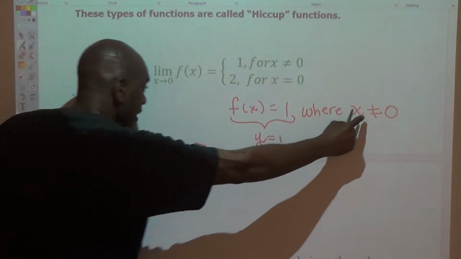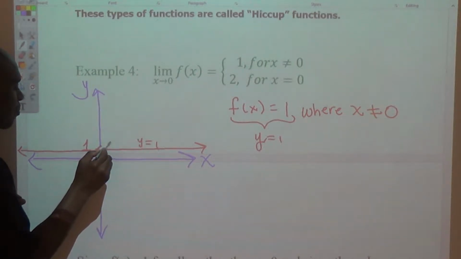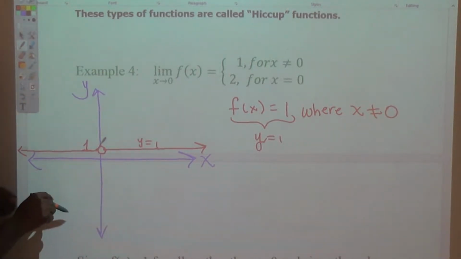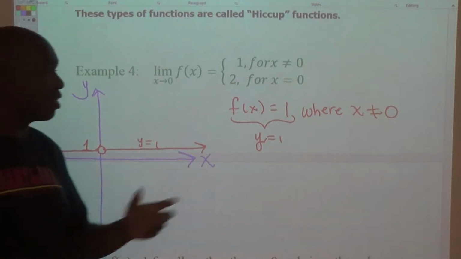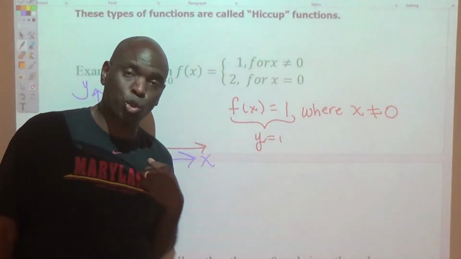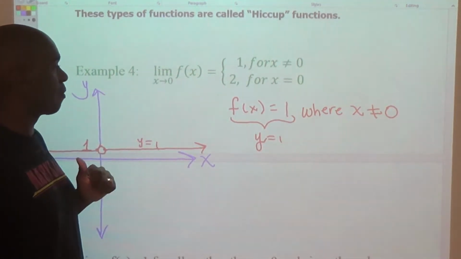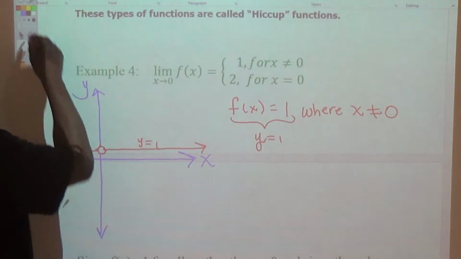Why? Because x cannot be 0. This function is not defined where x is equal to 0. There's nothing there. It's a hole. It's a gap. It's discontinuous right there. So that takes care of my first graph.